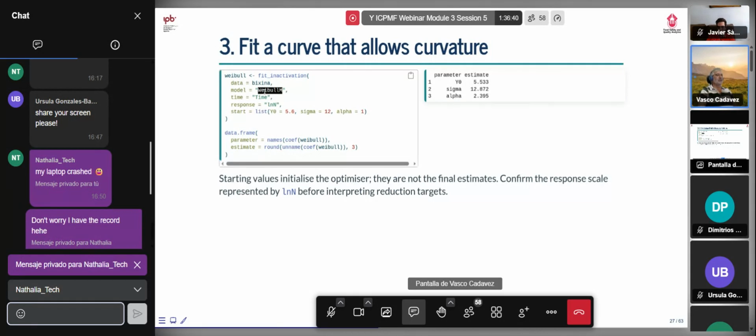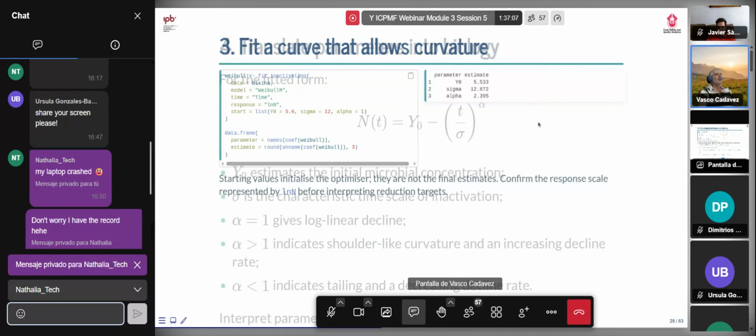There are other models that you can test according to your data, the time, the response, and also the starting values. And in this code, I'm just putting all the parameters from this fitting in a data frame, and you can see that we have the parameter name and the estimate. Okay, you can extract other information, but this is just to show you how you can use it.